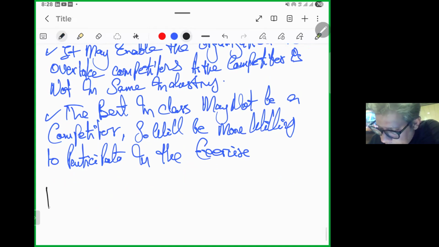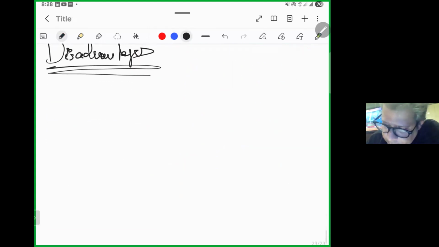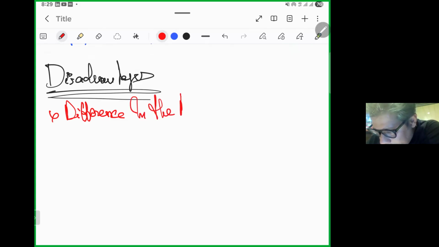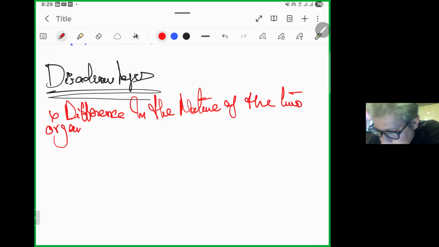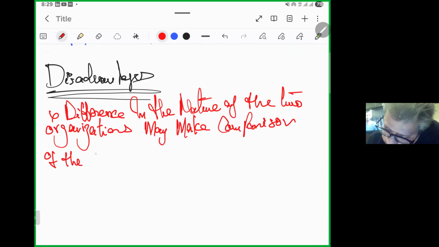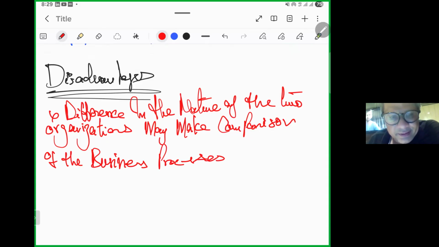Disadvantages now. Difference in the nature of the two organizations may make comparison of the business process more difficult and subjective.